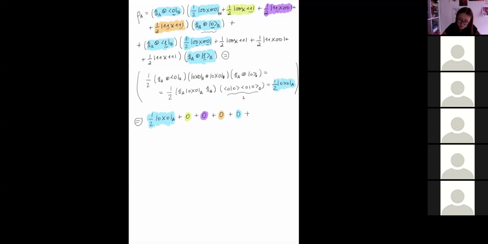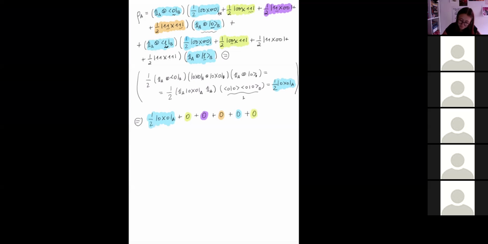Plus the next one is this, which will also give us 0 because we have here 0 on B and here 1 on B. Shame, but it's fine.